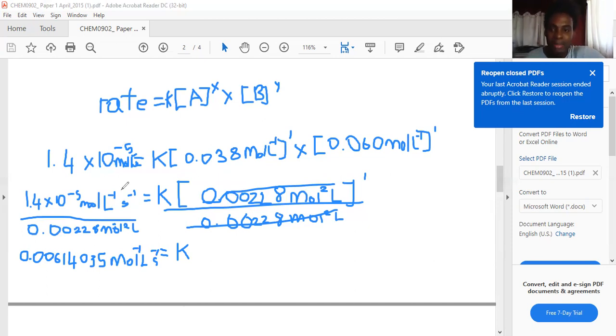To explain better, this mole is supposed to be that over 1. This is moles per liter over S. And this is supposed to be the same, but you're going to have 1 at the bottom.